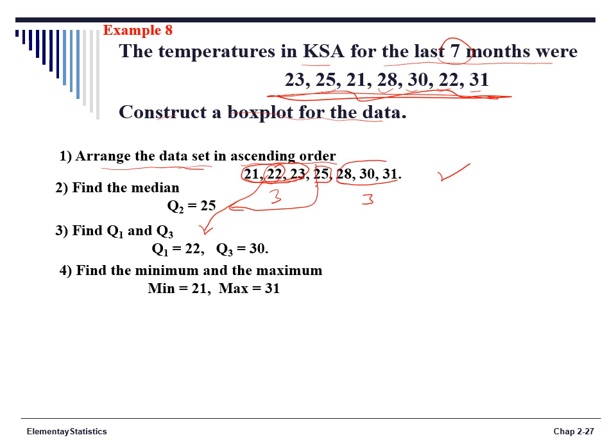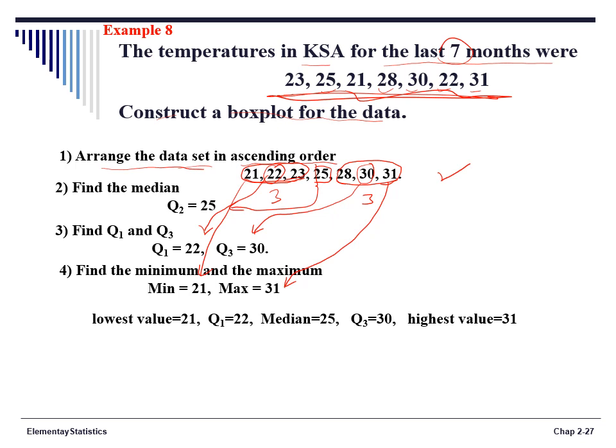And for the other part here, we have the median, which is also called the third quartile, which is 30. Now you find the minimum. The minimum is 21, and the maximum is 31. We found them, and we write them explicitly.